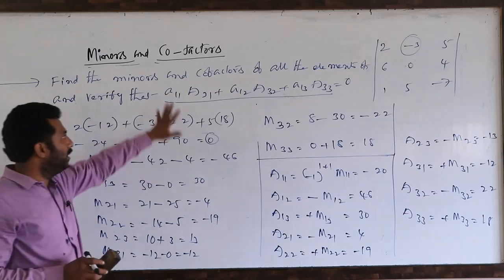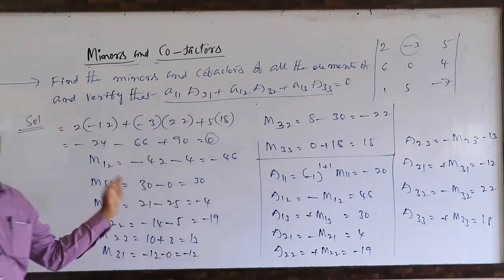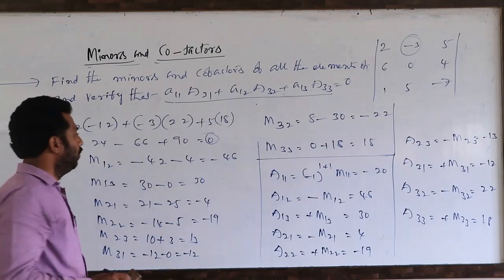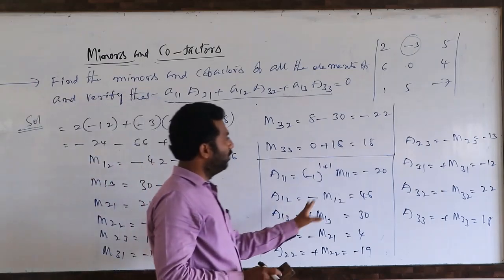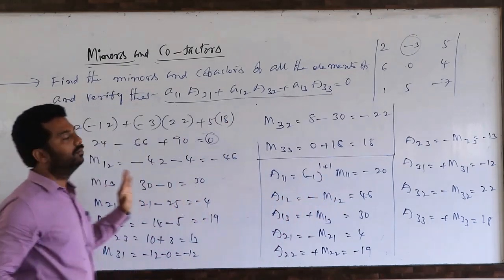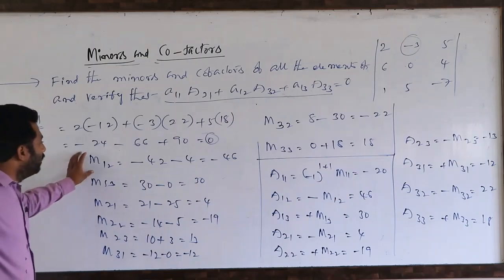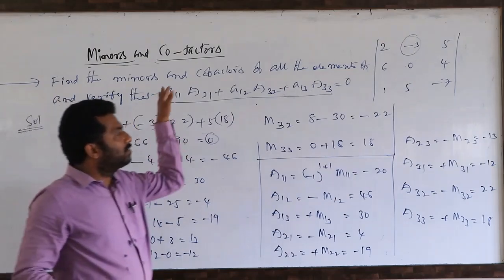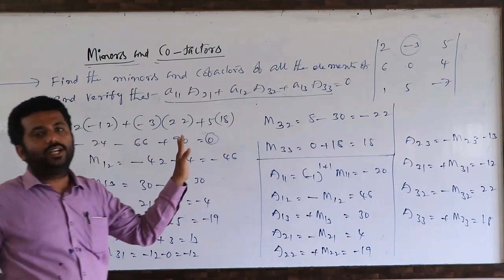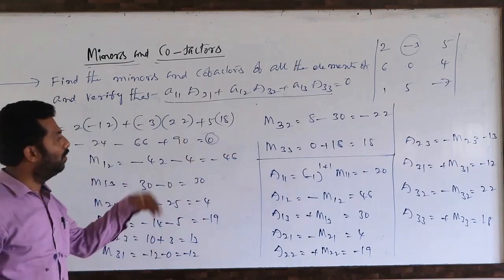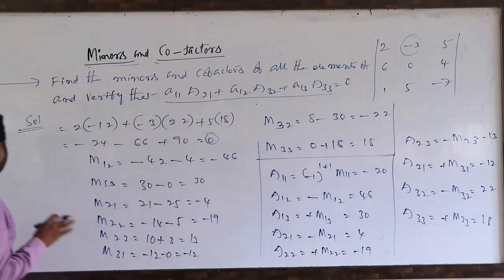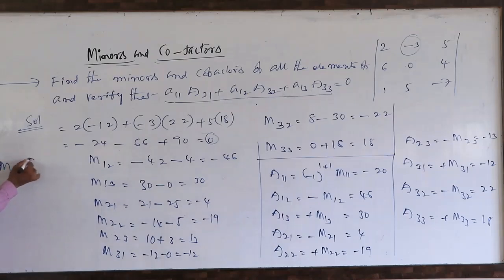First of all, you should understand how to write minors and cofactors. So once again you have to practice one or two times, then only you will get a clear picture. Minor means the corresponding row and corresponding column we have to delete, and the remaining determinant value we have to calculate. Minor 1 means the first row, first column we delete, and the remaining determinant we write.